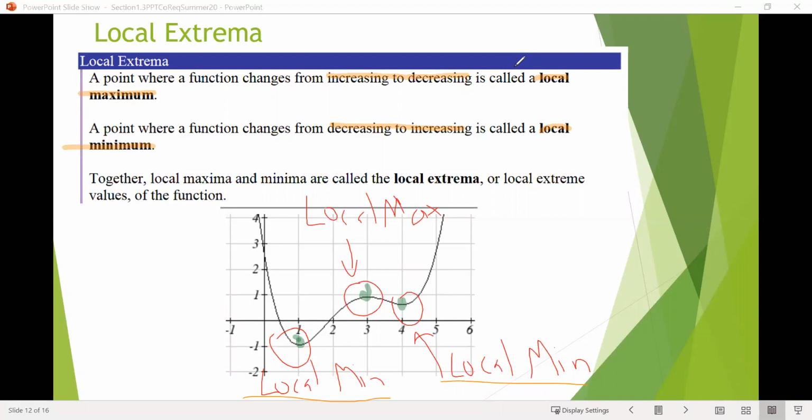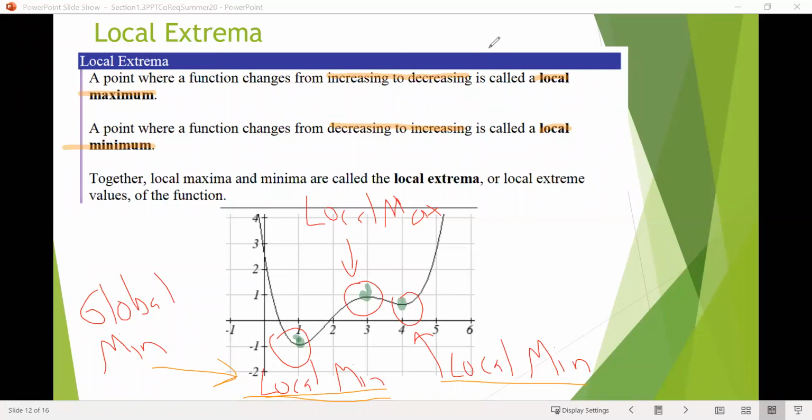Okay. This one here is actually the lowest point on the graph, so we have another name we can call that. We can call that a global min, or absolute min is another way you see it referenced, okay? Hopefully that makes sense, that we're global or absolute because it's absolutely the lowest point on the graph.